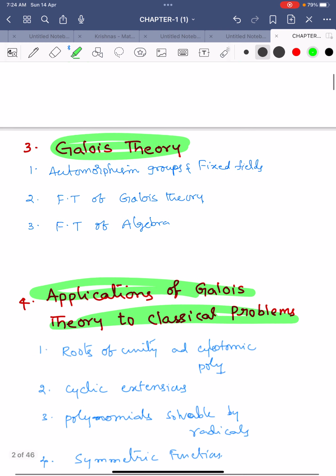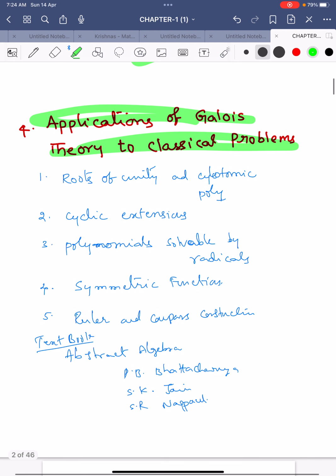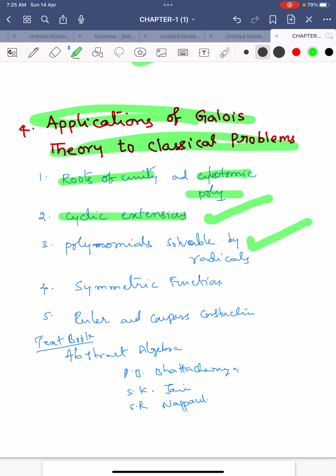In the third unit, Galois theory, we learn about automorphism groups and fixed fields, fundamental theorem of Galois theory, and fundamental theorem of algebra. In the last chapter, applications of Galois theory to classical problems, we learn five topics: roots of unity and cyclotomic polynomials, cyclic extensions, polynomials solvable by radicals, symmetric functions, ruler and compass constructions.